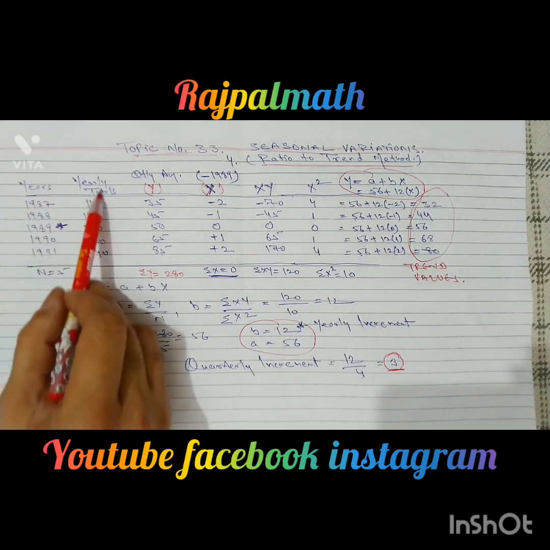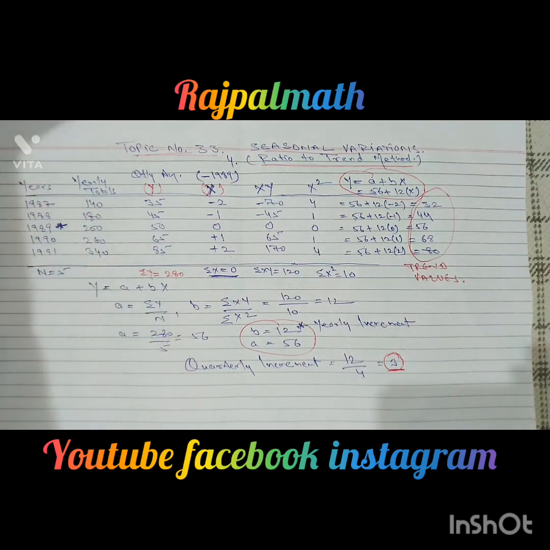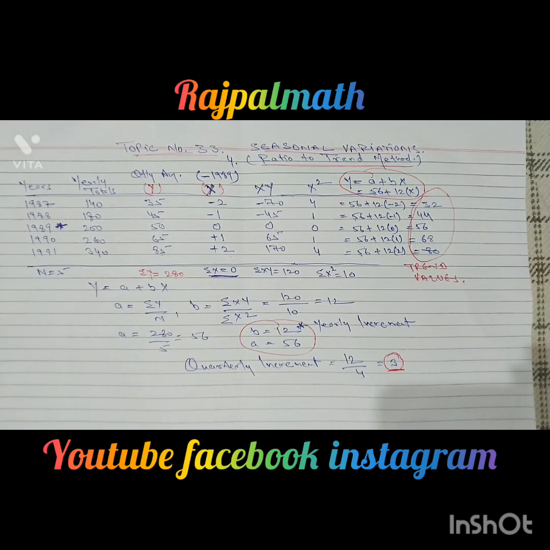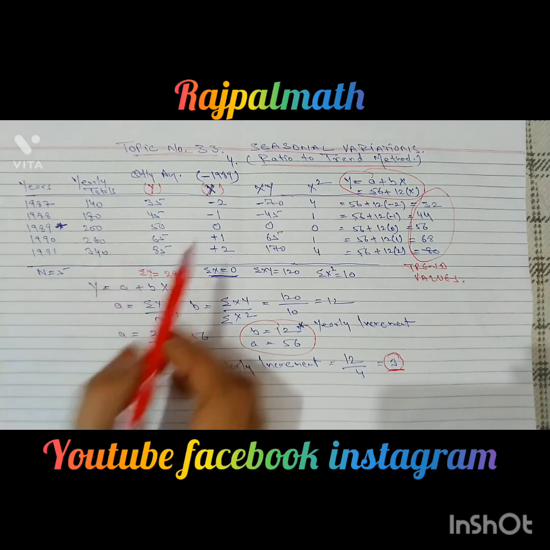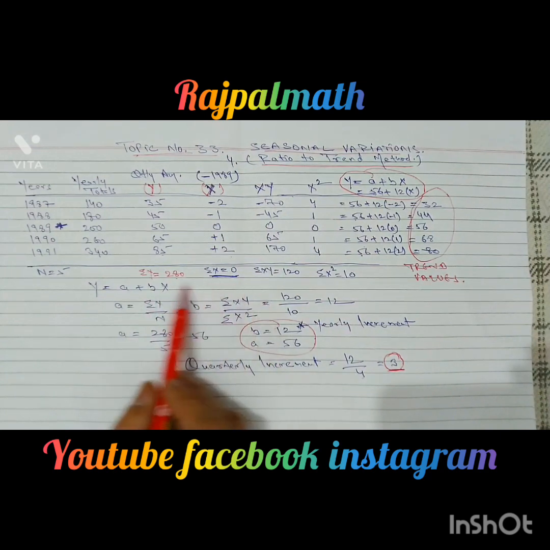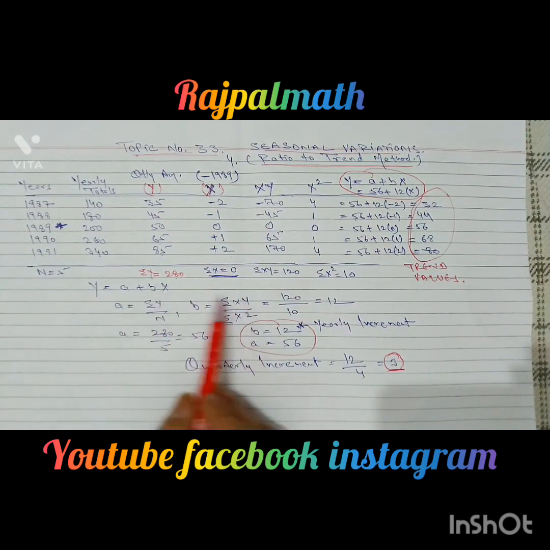First find yearly totals, then deviation from the middle year, then find the value of x, xy, x square. These are the normal equations when summation x equals 0.